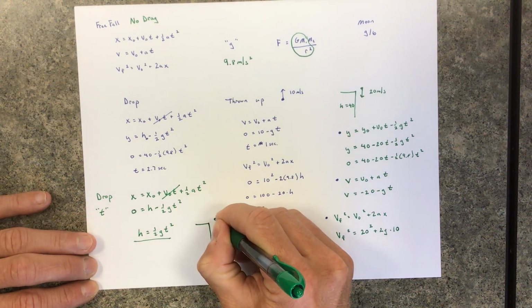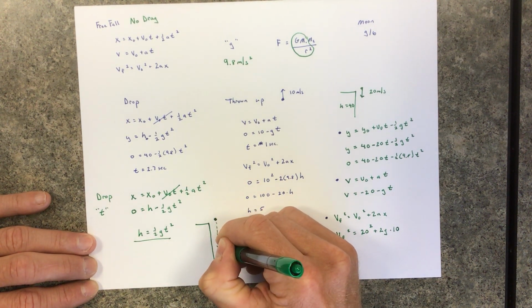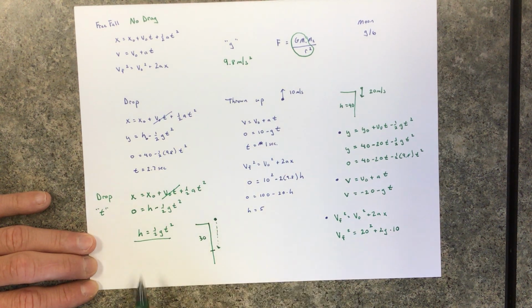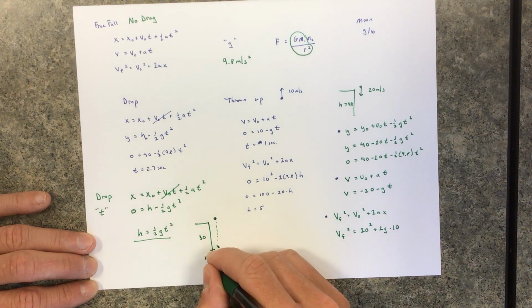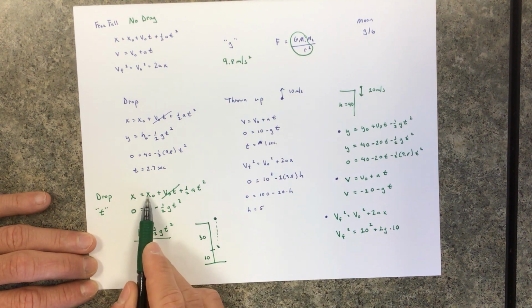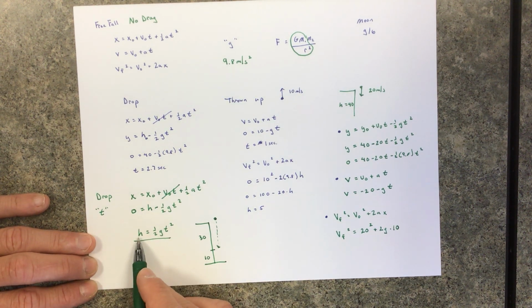If I'm here and I drop something and I want to know how long it takes to, let's say, drop 30 meters, I can just plug in 30 for here. Again, that's the same thing as figuring out when I'm at, if the whole thing is 10, I'm at 10. I could put a 40 here and a 10 here, and that difference is the height fallen. That's the same thing as just putting a 30 in here.